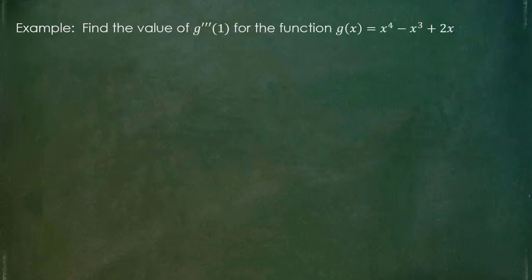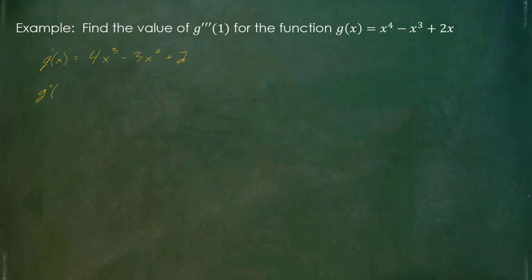Let's go through another example, with slightly different instructions. Now I want to find the value of a specific derivative. In this case it says to find g triple prime, or the third derivative of g, at the value 1. I would start with finding my first derivative. So g prime of x would equal 4x cubed minus 3x squared, plus 2.